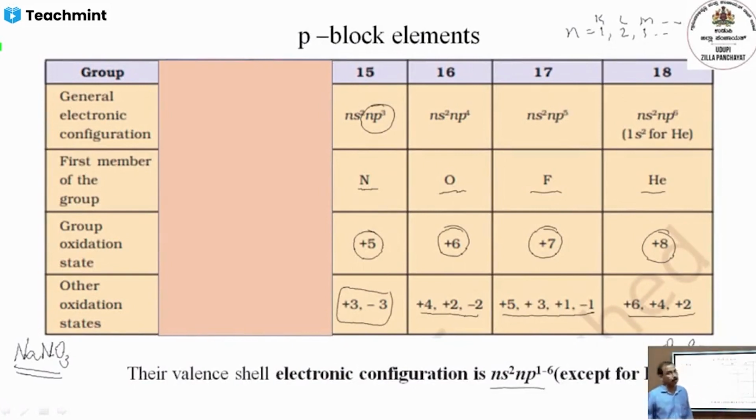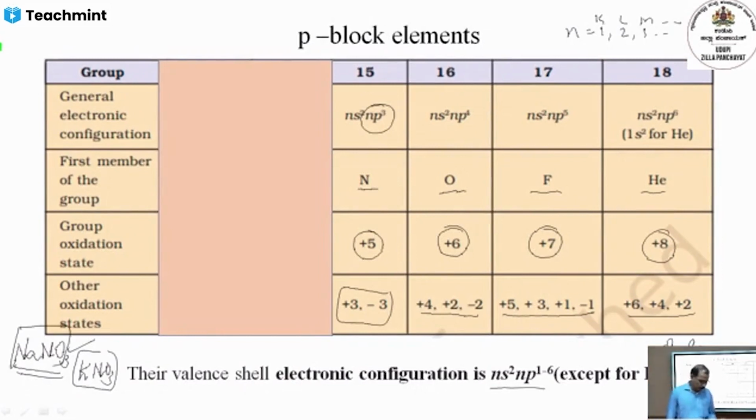Other than that, on the Earth's crust, it is present in the form of NaNO3, which is called chili saltpeter. At the same time, you have KNO3, potassium nitrate, that is called Indian saltpeter. This is Indian saltpeter. This is chili saltpeter.